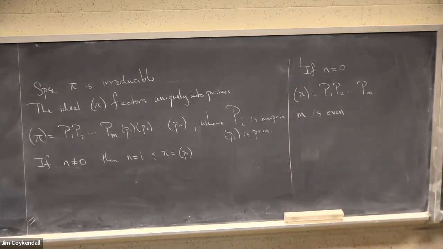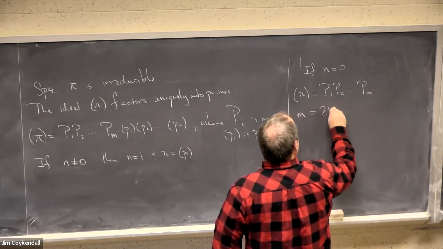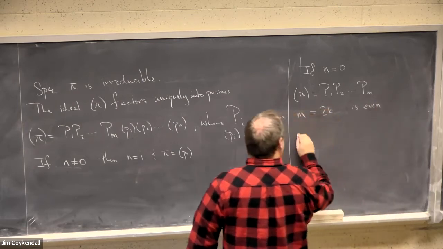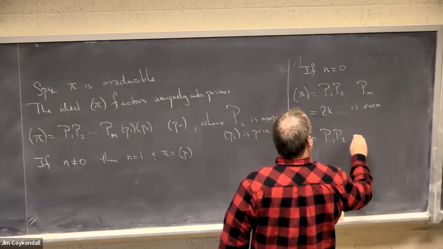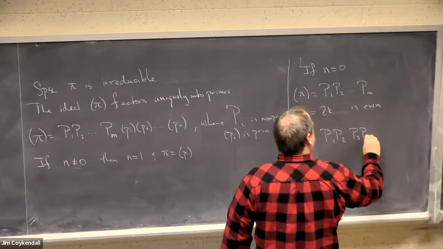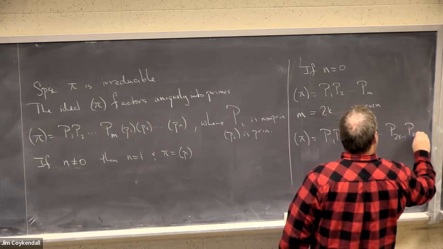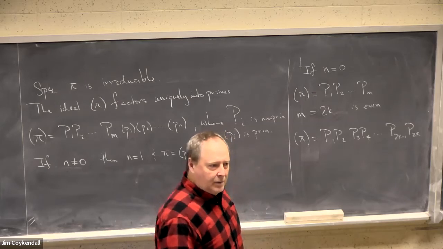That means that n must be even, right? So you can actually pair it. So let me write it this way, n equals 2k. So it has to take on that, right?